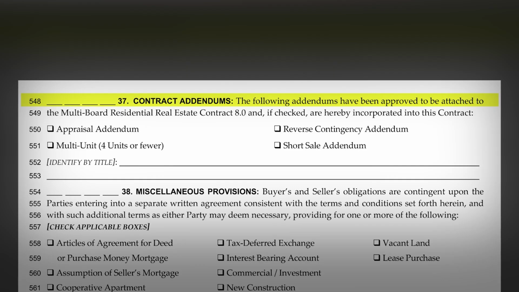If that one's used, you need to check that. An appraisal addendum or a multi-unit, 4 or fewer living units. Those addendums, you could check more than one if they apply. It gives you the option to write in another addendum if that is going to apply to this contract.